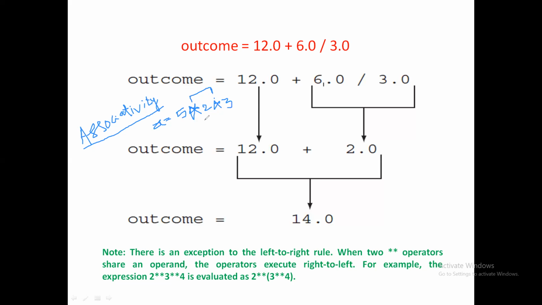Is it first 5 into 2 or 2 into 3? Then you need to apply this rule, associativity. The rule of associativity will decide the order of evaluation of expressions. There are two types of associativities that can be applied on expressions. One is left to right associativity, and the second one is right to left associativity.